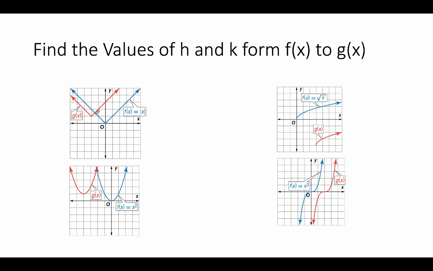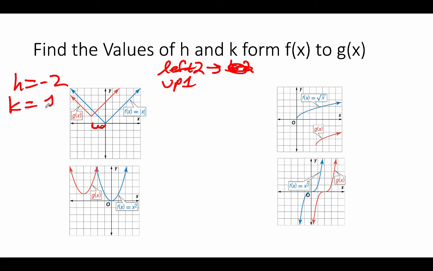Okay, find the values of h and k. So I would go left 2, up 1. Left 2 means h is negative 2. K equals positive 1.